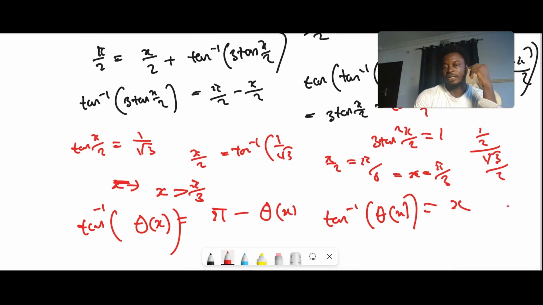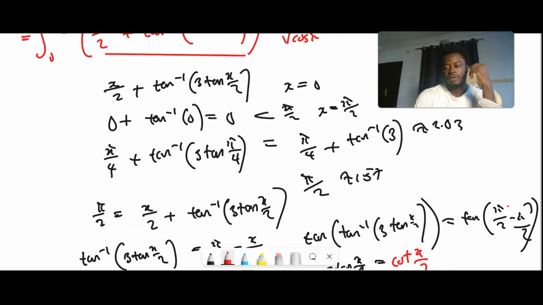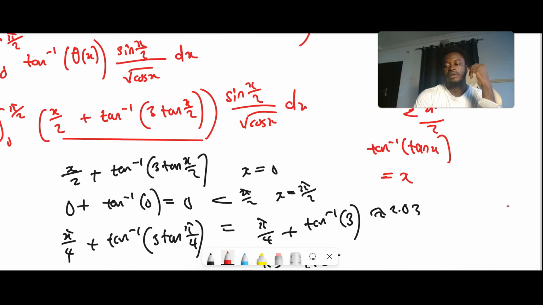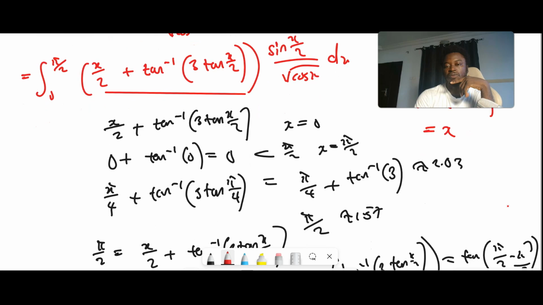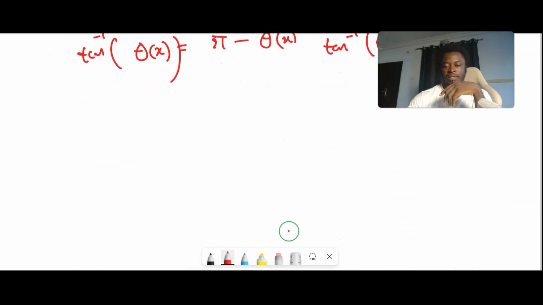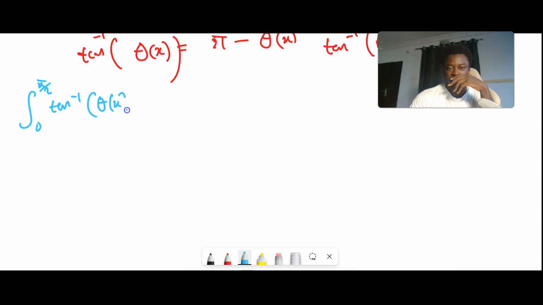So this is our integral now. We are going to split it into 2 parts. The integral from 0 to pi over 2 of tan inverse of theta of x times sine of x over 2 divided by square root of cosine of x.